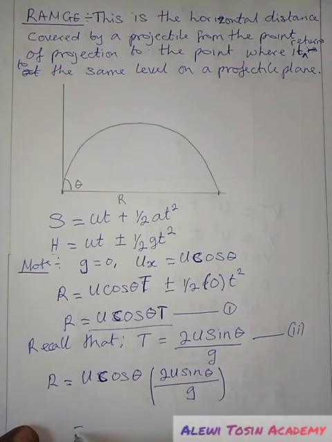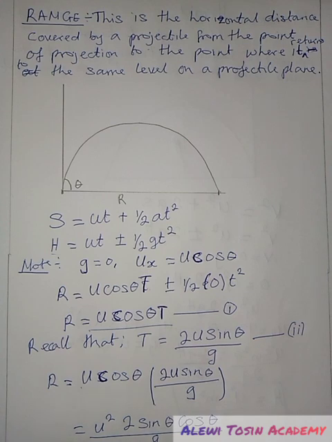This means we have something of this form: u square times 2 sine theta cos theta over g. Now we have to recall something under trig identity for double angles.